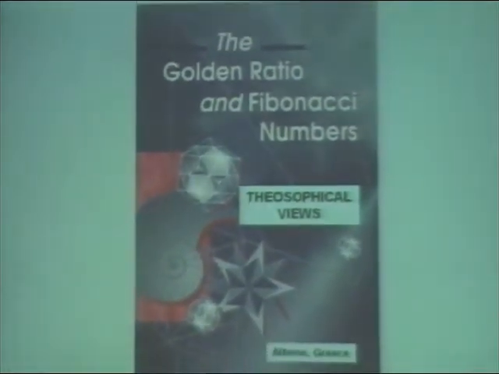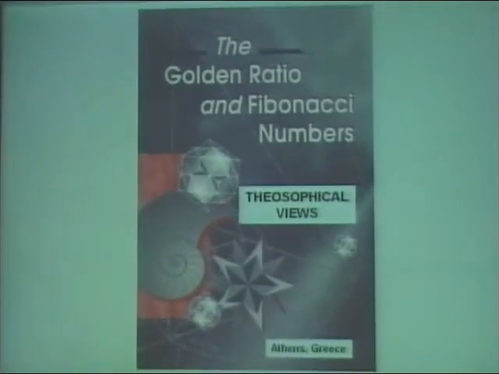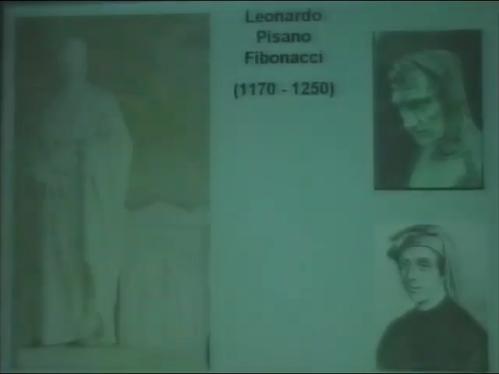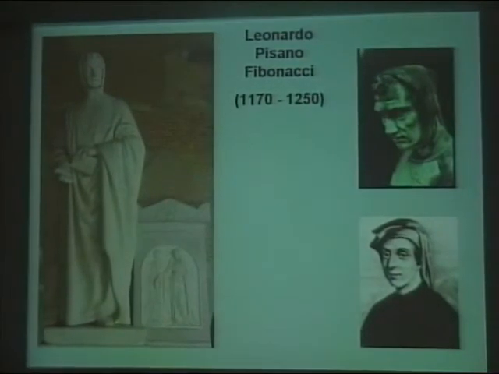All right, now let's move from the golden ratio to the Fibonacci numbers, which is what got me started on this. Fibonacci was a remarkable Italian mathematician who lived from the late 12th century to the middle of the 13th century. Before Fibonacci's time, numbers were written with Roman numerals. You all know Roman numerals, made of I's and V's and X's and C's and D's, right, and that sort of thing.